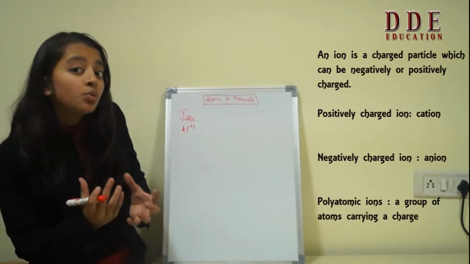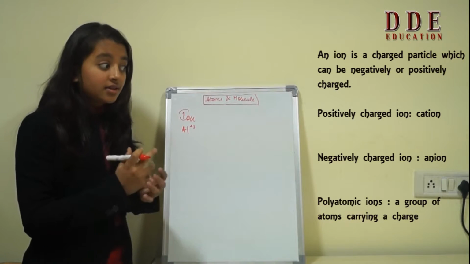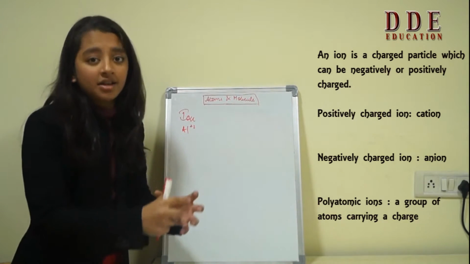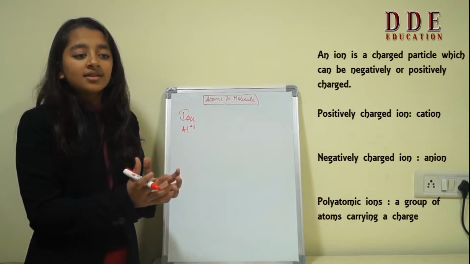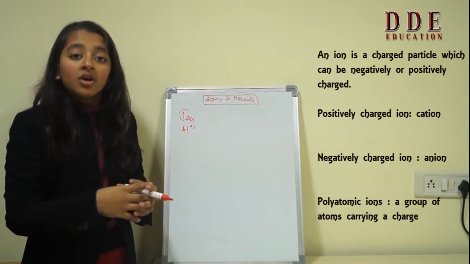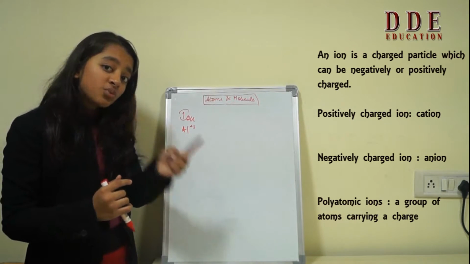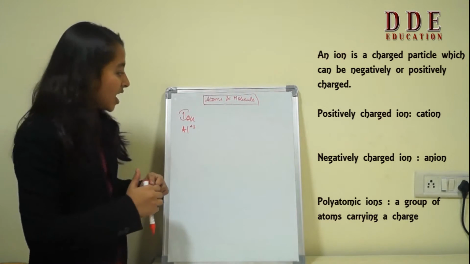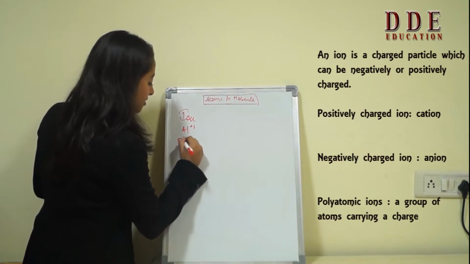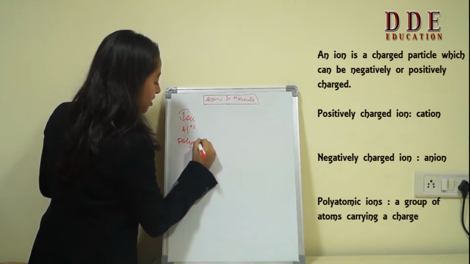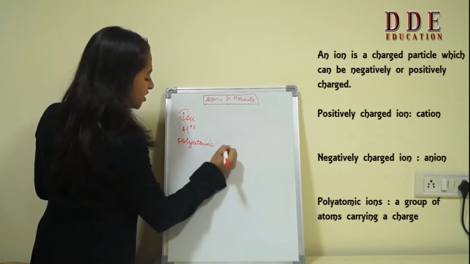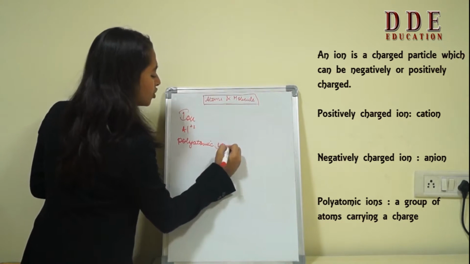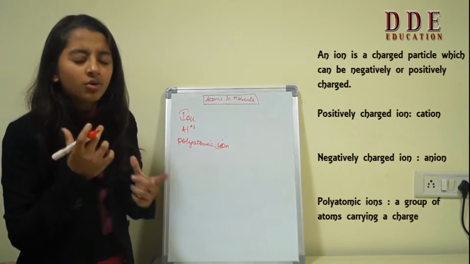I'm going to tell you one more thing about ions. They can exist in a combined form, with not just one but more atoms combined together, and that is called a polyatomic ion. You might not have understood what a polyatomic ion is, so I'm going to explain it in a little more detail.